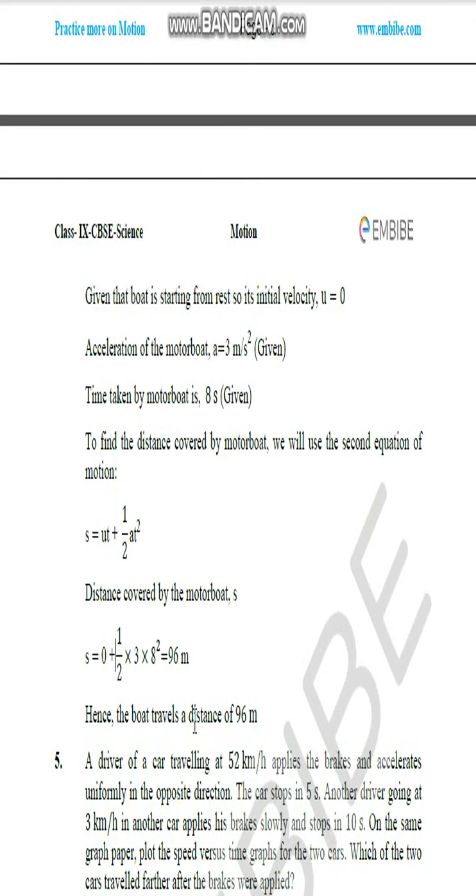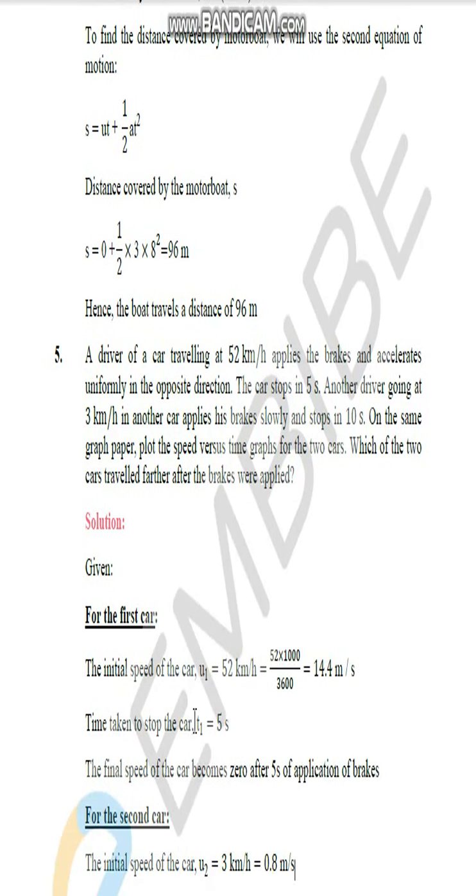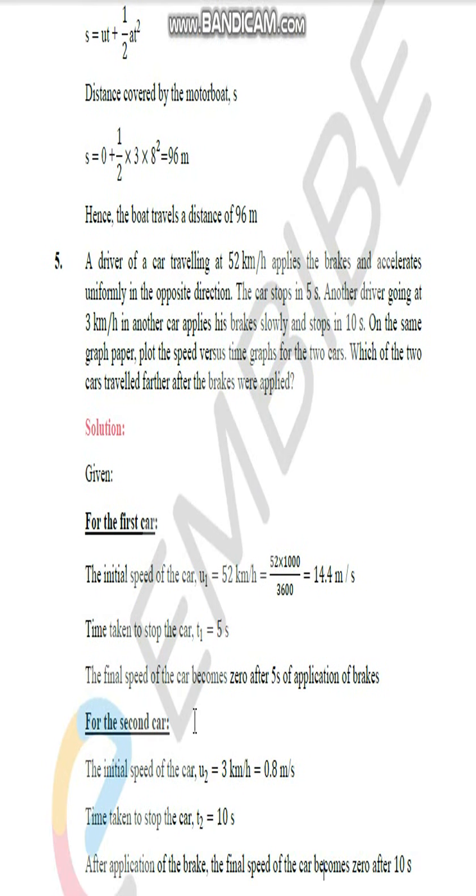Okay, now the next numerical: a driver of a car traveling at 52 km per hour applies the brakes and accelerates uniformly in the opposite direction. The car stops in 5 seconds. What it means is a driver is traveling at 52 km per hour, applies the brake in a short span of time, and the car stops in 5 seconds.